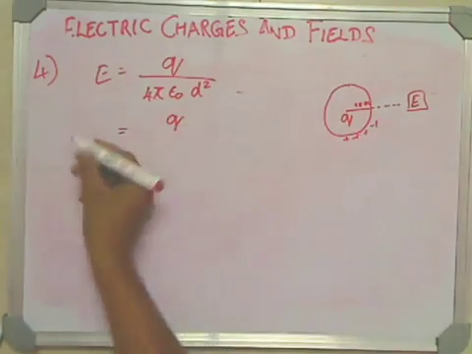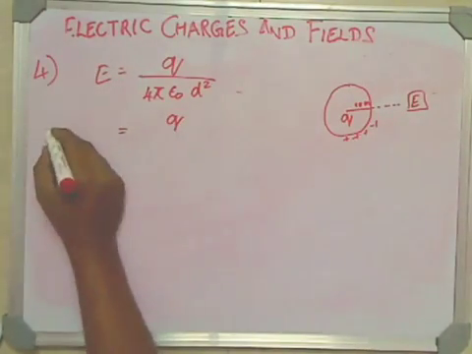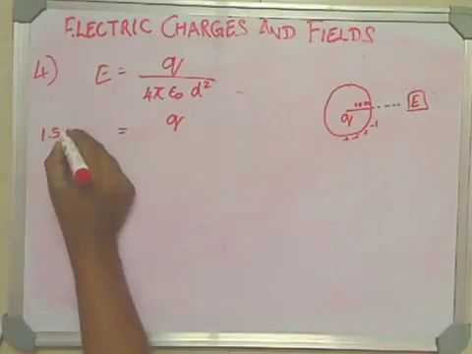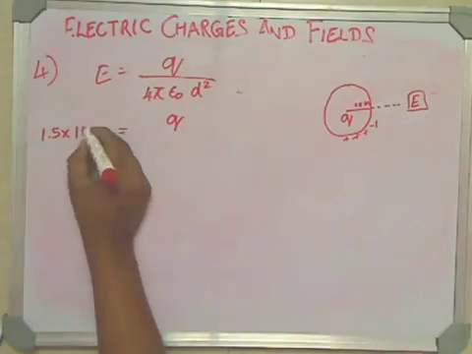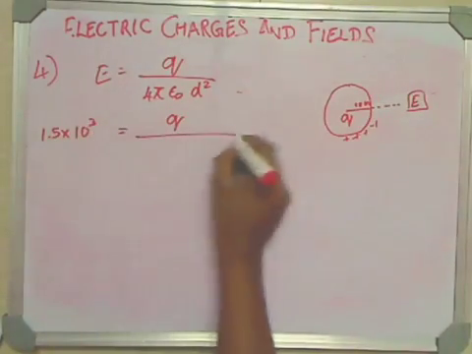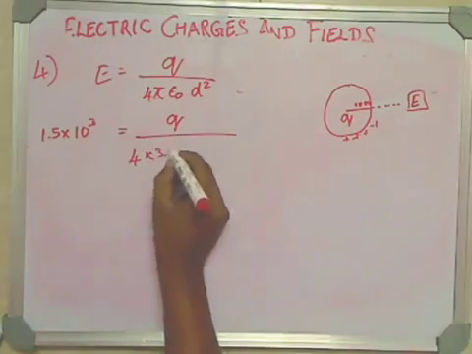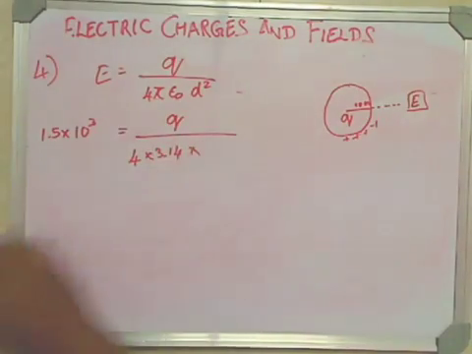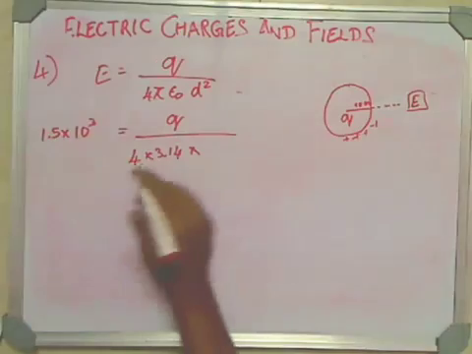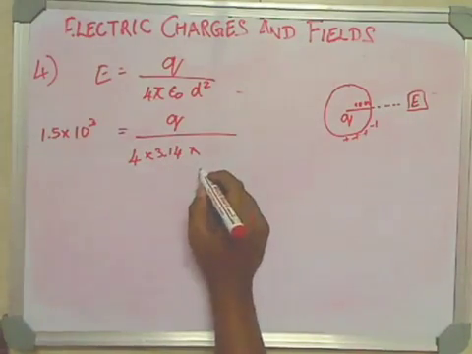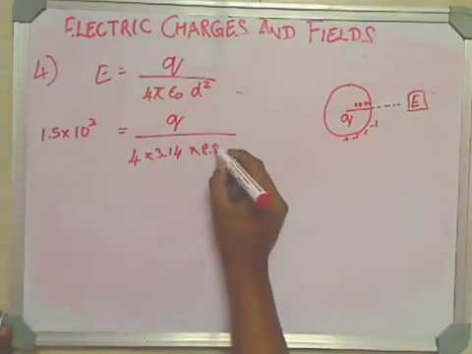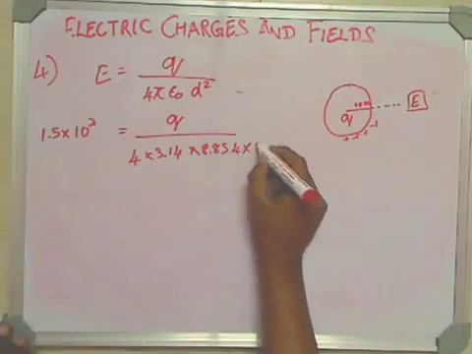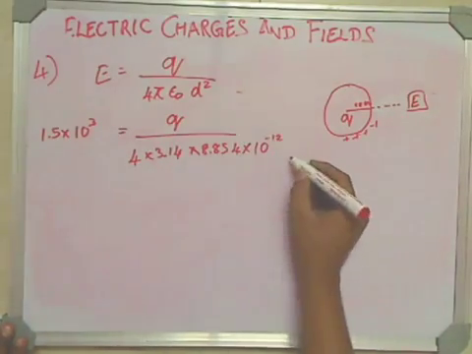Q here is unknown, but you already know the value of the electric field, which is 1.5 multiplied by 10 to the power of 3, divided by 4 pi, 3.14. Please don't take more than 2 digits of pi. Pi is infinitely long. Then 8.854 multiplied by 10 to the power of minus 12.